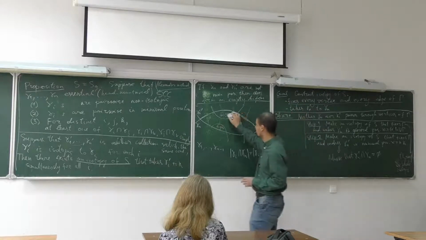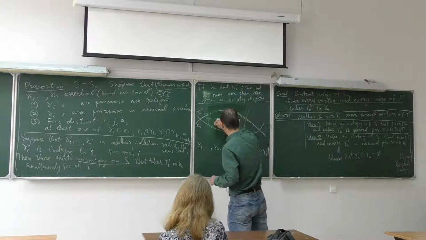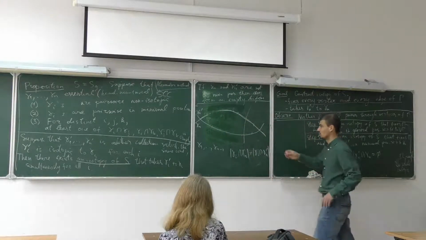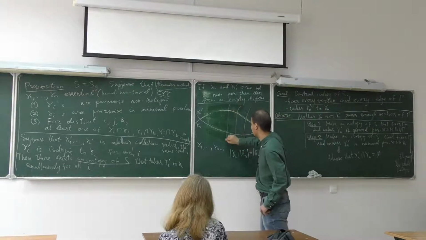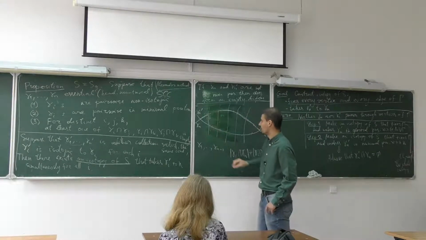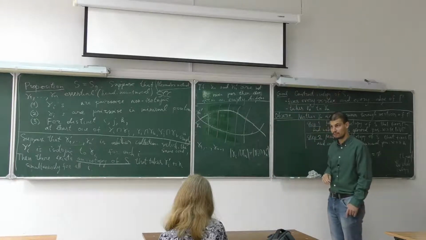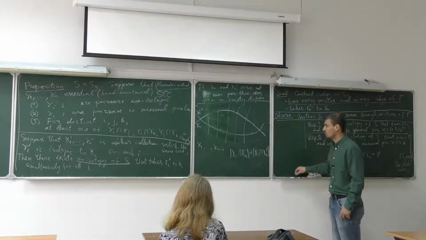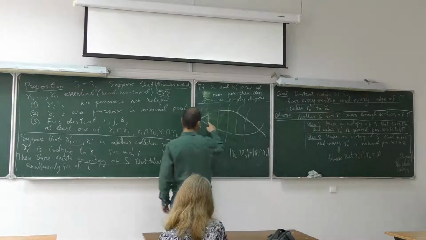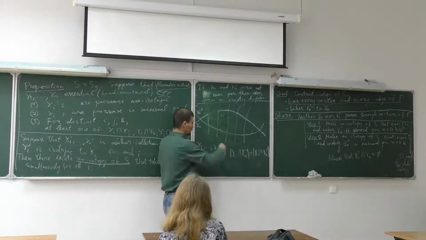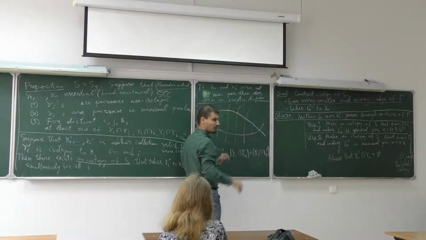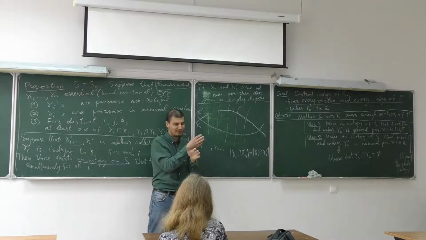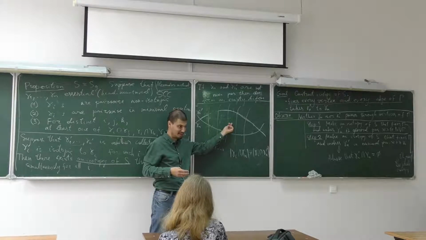So these are impossible, and the only thing which is possible is that we intersect several edges of gamma in this way. If the picture is like that, then it is not hard to make an isotopy of gamma n prime which preserves all these edges. We just move. If they intersect, then we have a vertex inside.